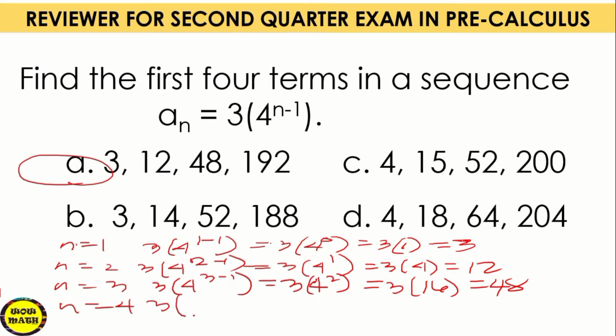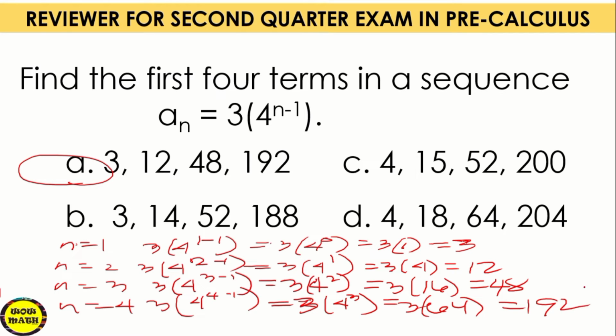So that is 3 times 4 raised to 4 minus 1, equals 3 times 4 cubed. 4 cubed is 64. If we multiply 3 times 64, that is 192. So we can say now, question number 3, the answer is letter A.